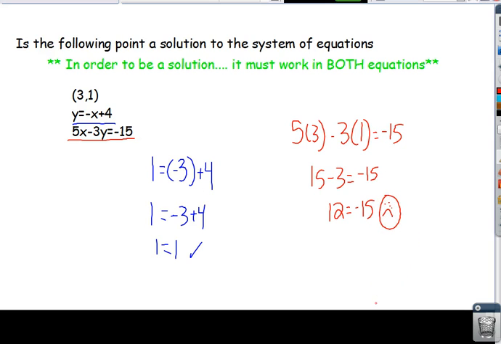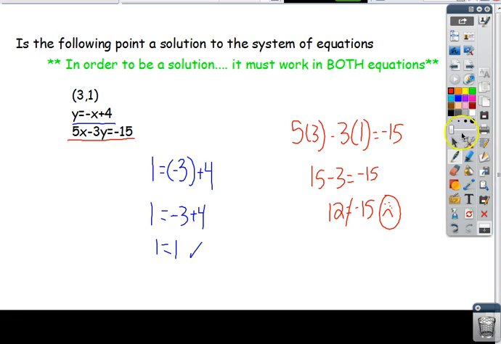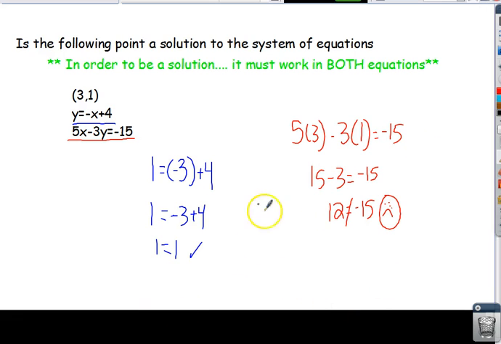So no, this is not a solution, because even though it worked in one of them, it does not work in the other one. So it is not a solution. I picked a restaurant. One person's okay with it. The other one's really not in the mood for that. So no. Now, just so we're clear, if you had attempted to put x being 3, y equaling 1 into the bottom equation, and you found that failed, you don't need to go check the other one. Once it fails once, you're done.